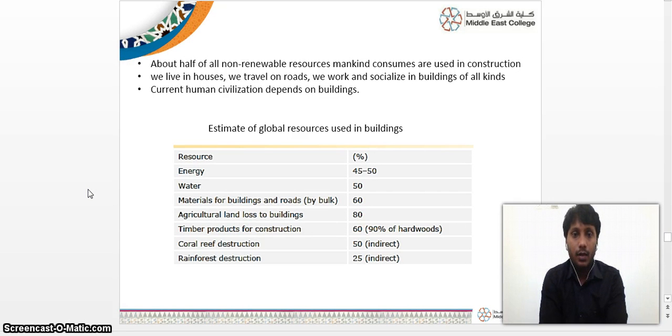About half of all non-renewable resources mankind consumes are used in construction. We live in houses, we travel on roads, we work and socialize in buildings of all kinds. Current human civilization depends on buildings. So these are the resources, and how much we are using in buildings.